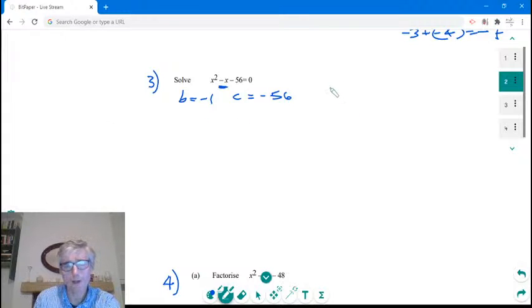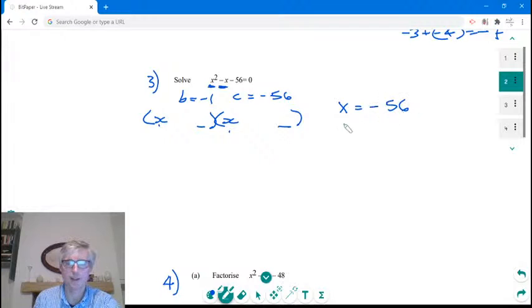So when we put this into our brackets again, the first term in each bracket is going to be an x, because x times x, if we were to multiply these brackets out, would give us the x squared there. And the final terms then have got to multiply to make -56, and they've got to add to make -1.